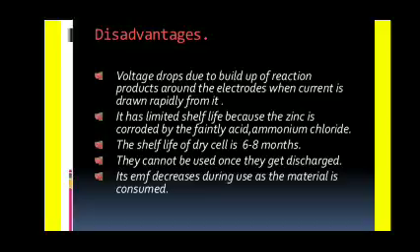The shelf life of dry cell is 6 to 8 months. They cannot be used once they get discharged. Its EMF decreases during use as the material is consumed. The dry cell must be handled with care.